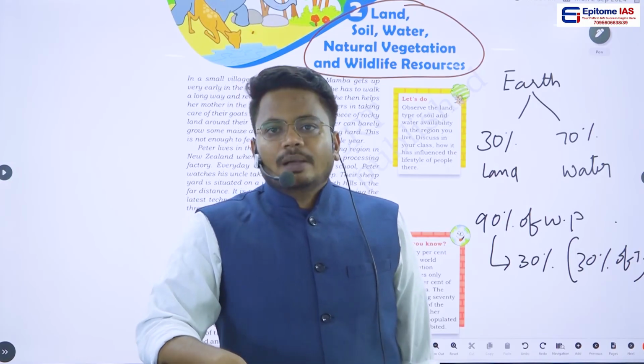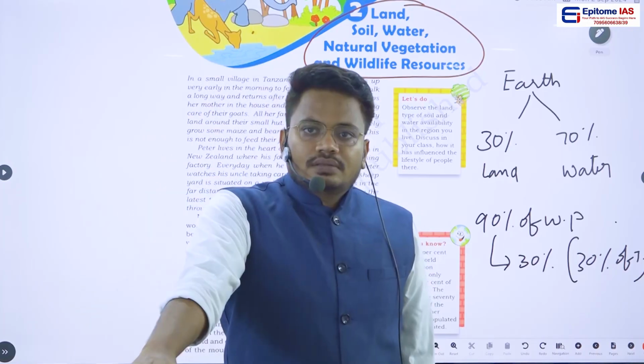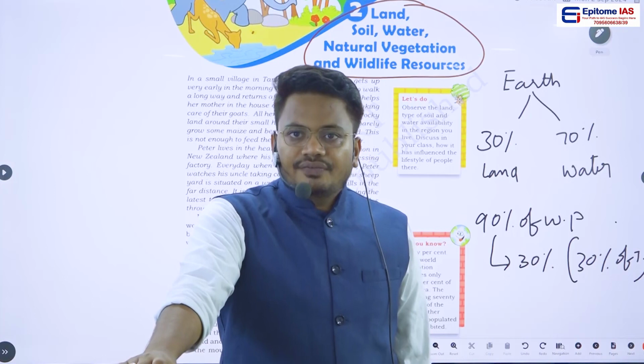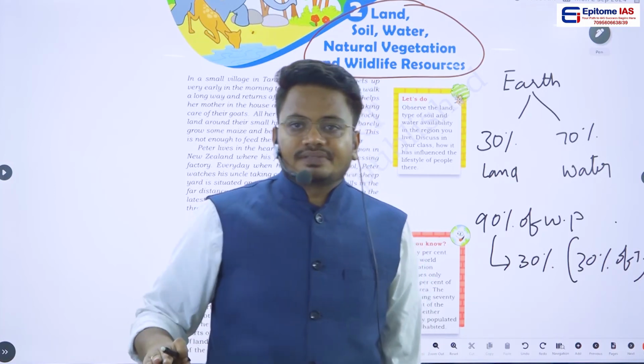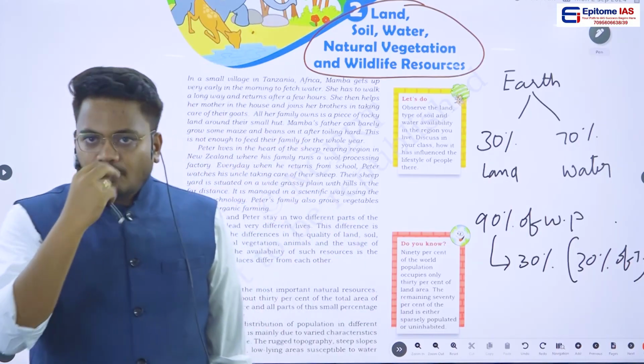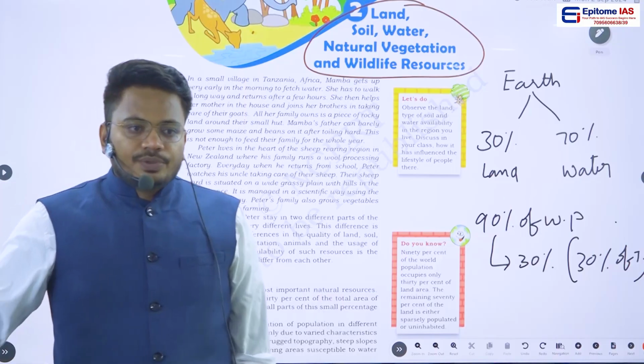That means the majority of the people are living in only 30% of the available land. The land itself is only 30%, and in that 30%, 90% of the population lives. That means there is some uneven distribution of land.